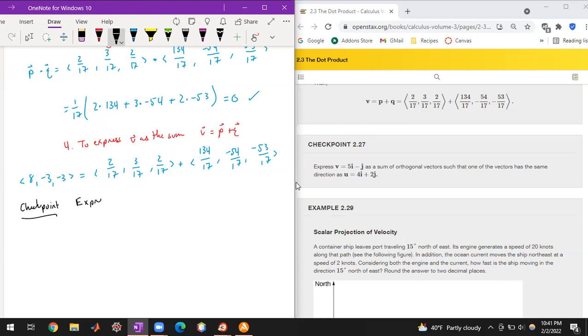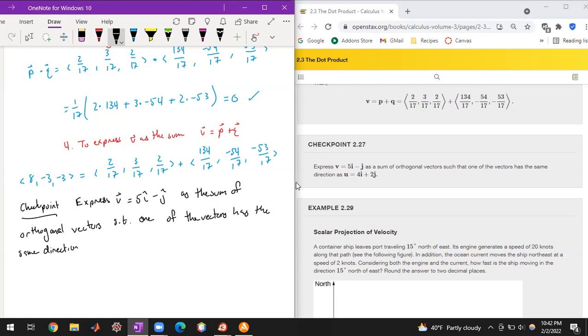Let's express v equals 5i minus j as the sum of orthogonal vectors such that one of the vectors has the same direction as our vector u, which is 4i plus 2j. Go ahead and pause here and give that one a shot on your own.